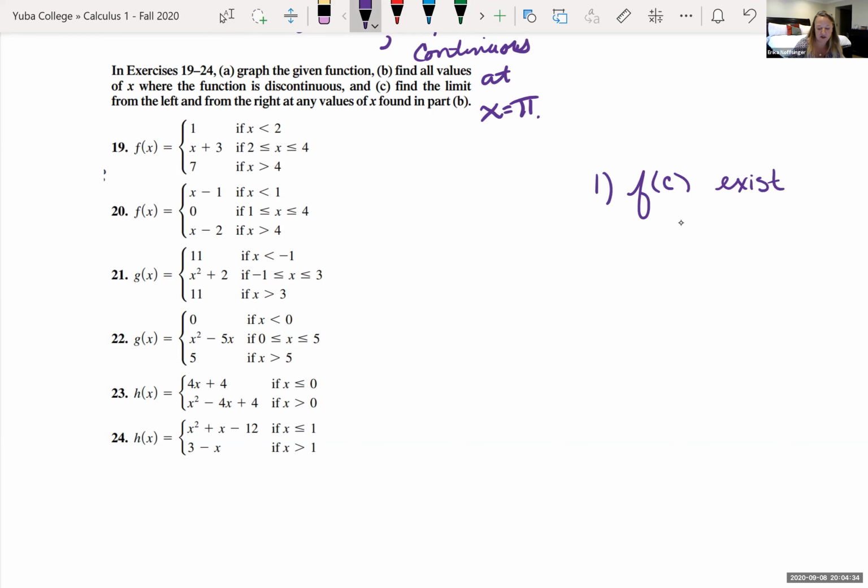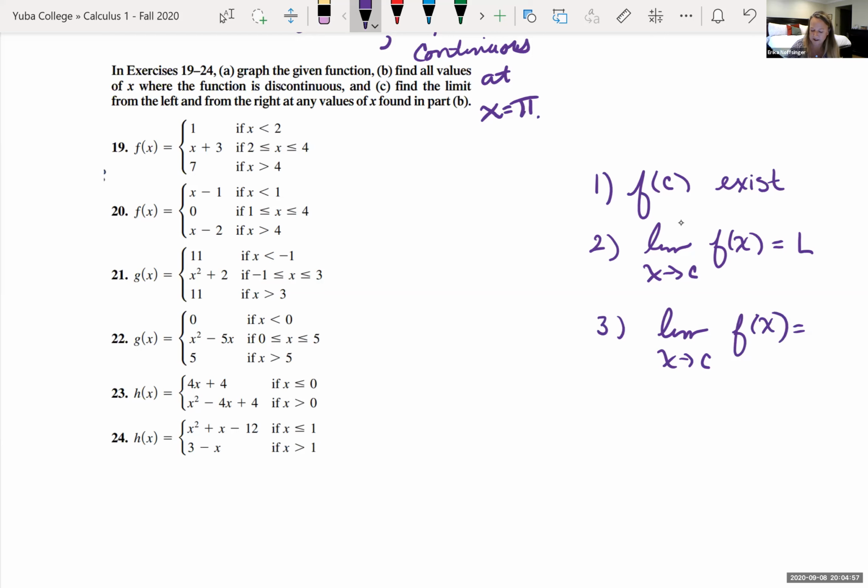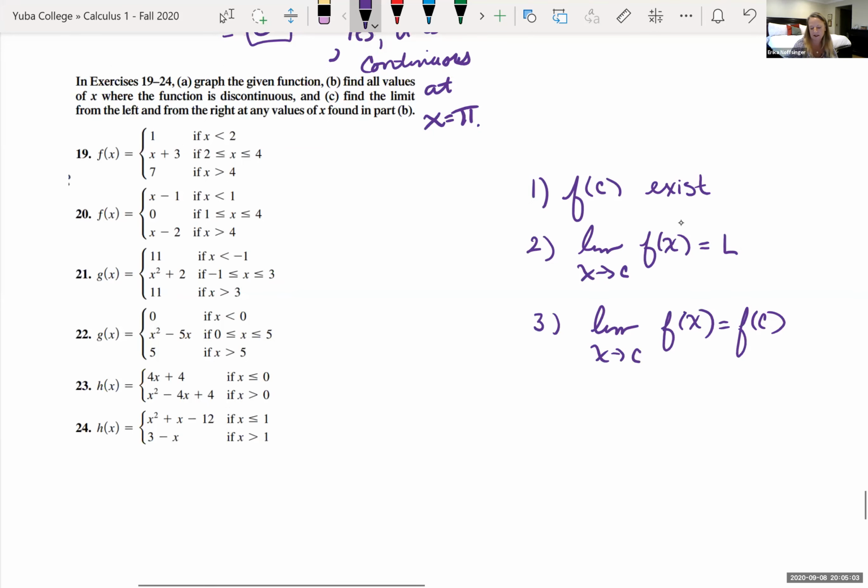We have to show that the limit as x approaches c of f of x is equal to some value L, and the limit as x approaches c of f of x is equal to f of c, which in this case would be L.